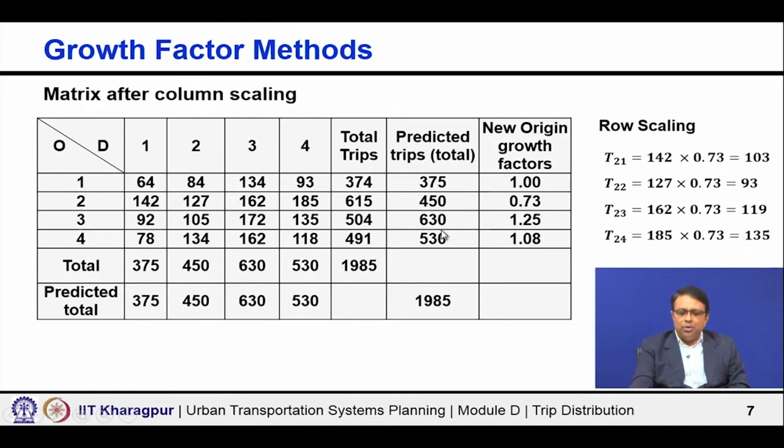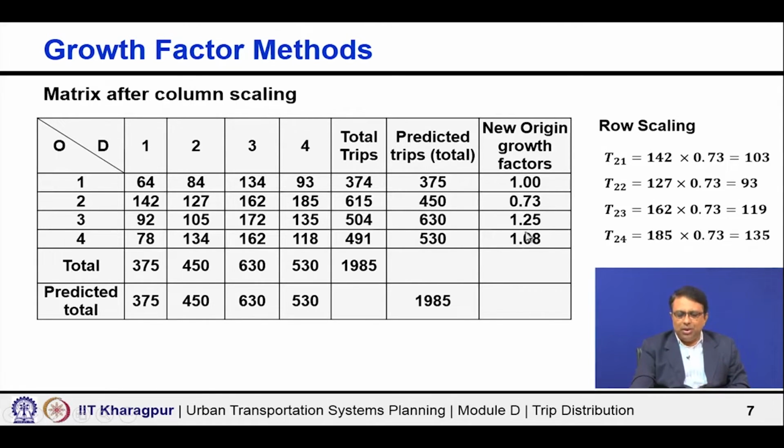Now, the first one is 1, so each cell in row 1 will be multiplied by 1, each cell in row 2 will be multiplied by 0.73, each cell in row 3 by 1.25, and each cell in row 4 or zone 4 by the factor 1.08.